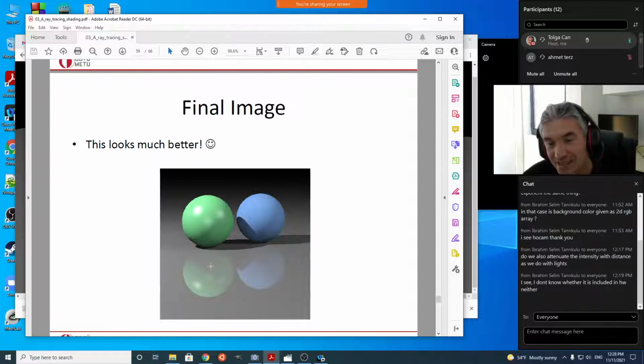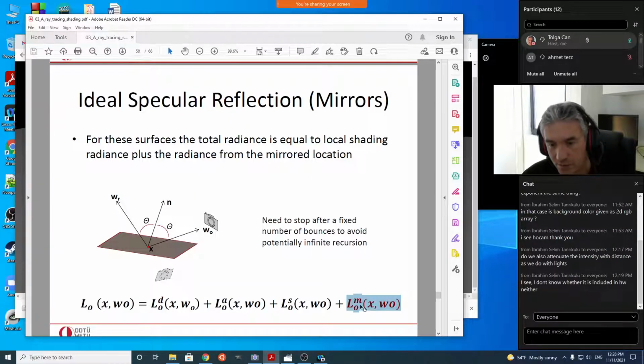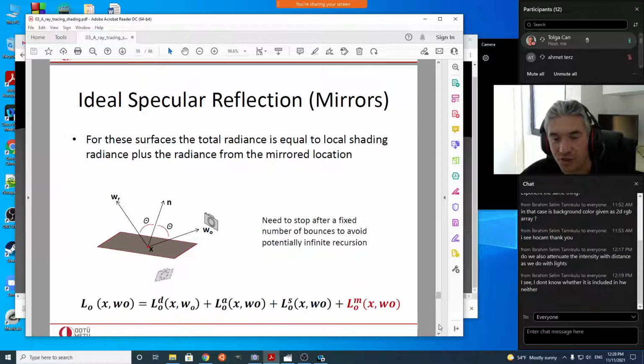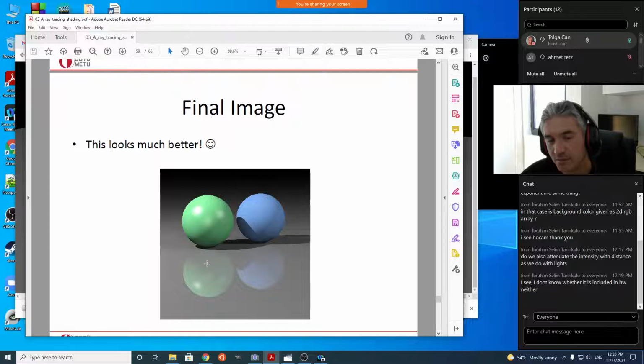Their intensity is reduced because the mirror reflection is computed by multiplying the recursively computed intensity with this Km. That's what makes it dimmer, but other than that, they are as sharp as the objects themselves.